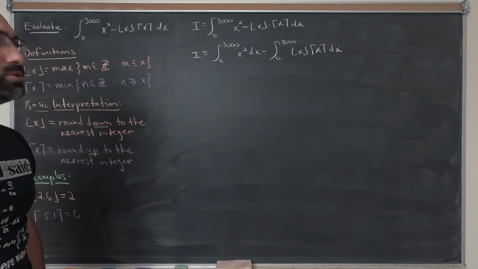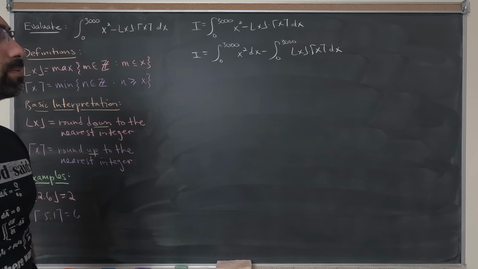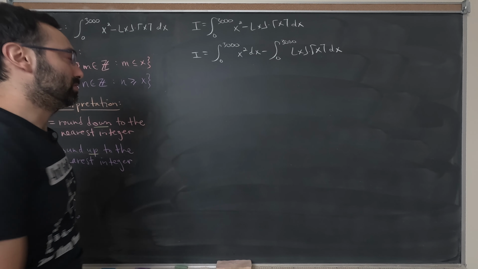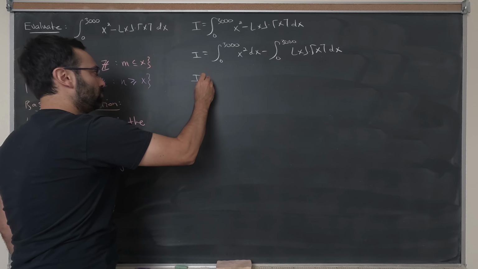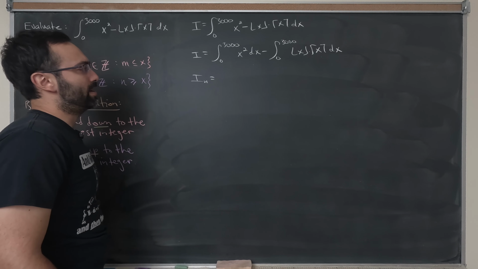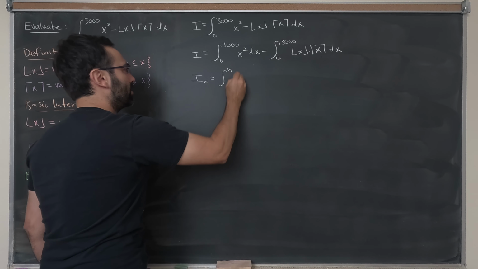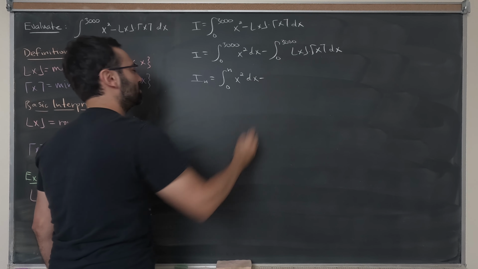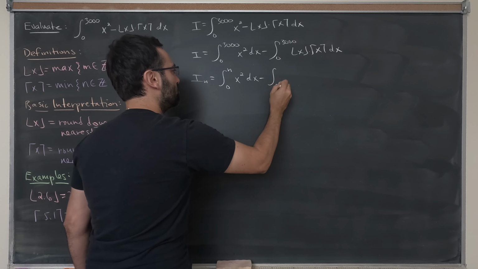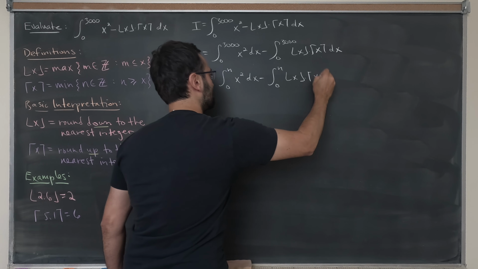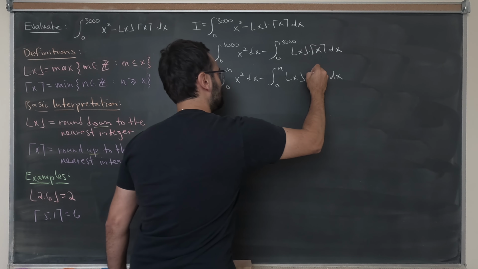However, what we're going to do is find a closed form formula for the following integral instead. We'll call this I sub n, and we'll go from 0 to n of x squared dx minus the integral from 0 to n of the floor of x times the ceiling of x.